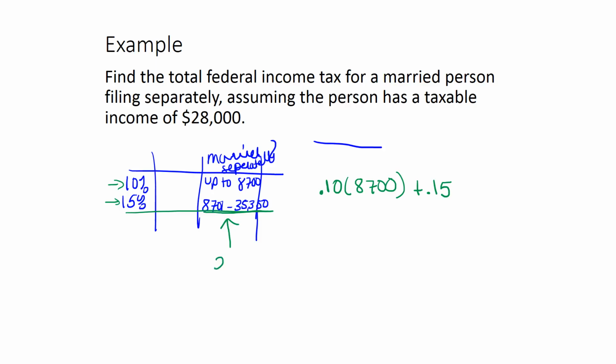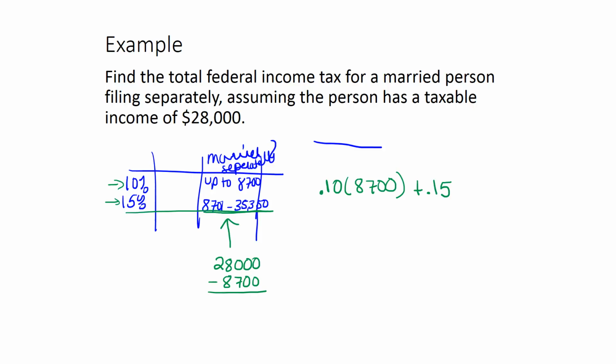Well, we have a total taxable income of $28,000, right? But we pay 10% on the first $8,700. So we're going to pay 15% on any amount over that, right?